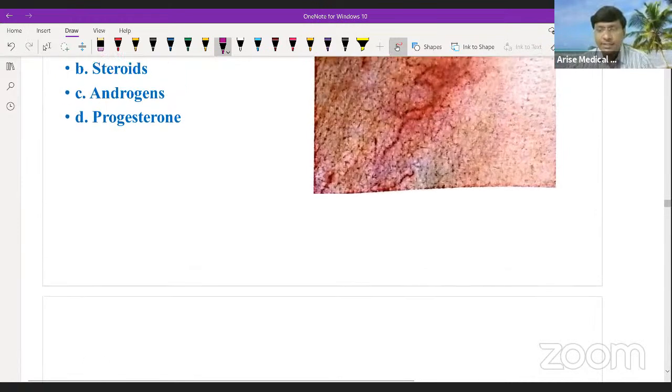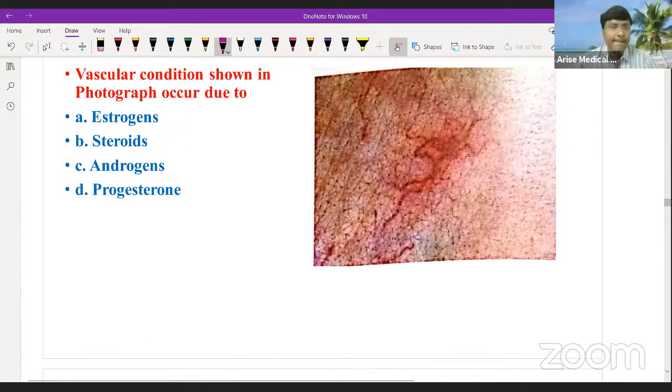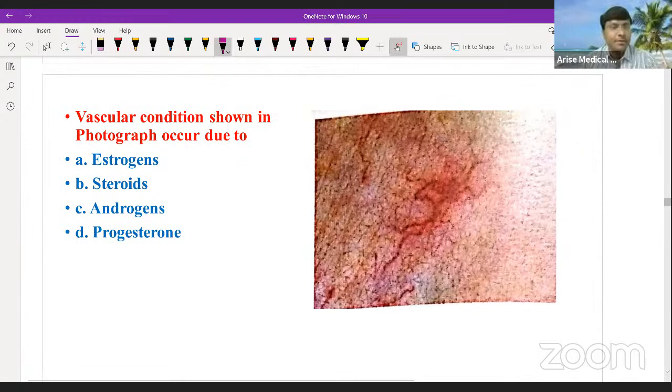Now you see the other image. The vascular condition shown in the photograph occurs due to estrogen, steroids, androgens, or progesterone.